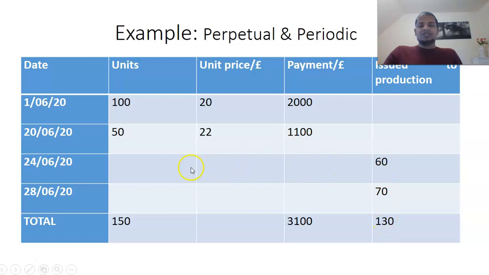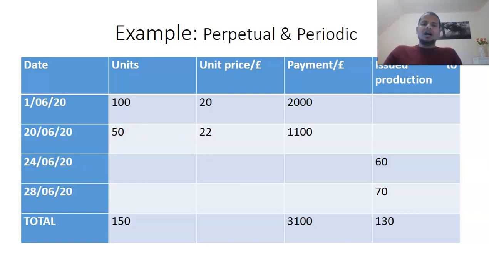So you can see there is no issue price being provided, at which rate the raw materials were issued to the production process. And another thing is there is no opening stock mentioned in this question. So you may have an opening stock at the beginning, and then you purchase raw materials and issue and then purchase again, maybe something like that as well.